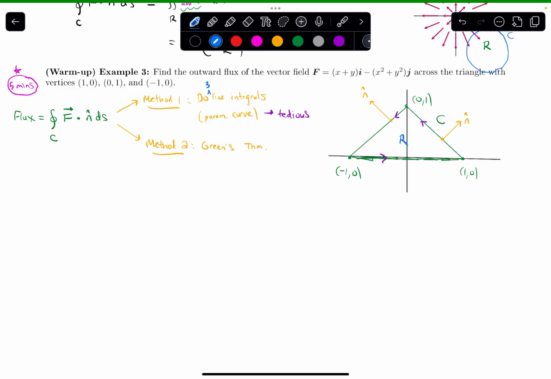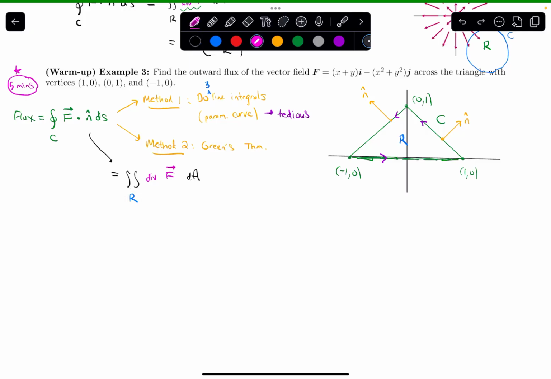It turns out the partial derivatives of either of these are continuous everywhere. So that part's good. When I do Green's theorem, this flux line integral becomes a double integral over that interior region R of the divergence of F, and my notation is I write dA for the double integral.